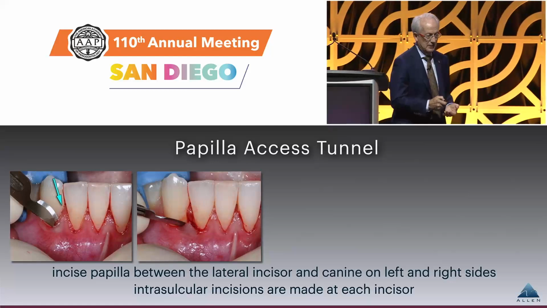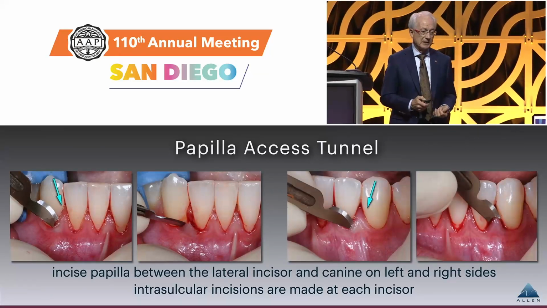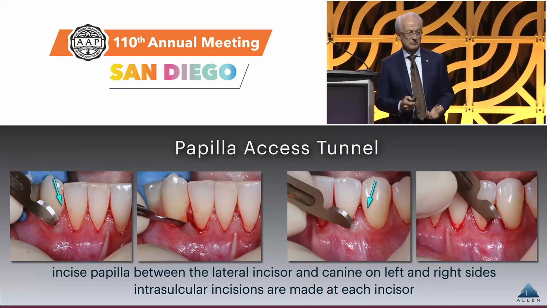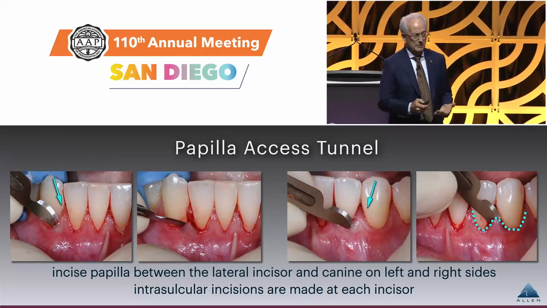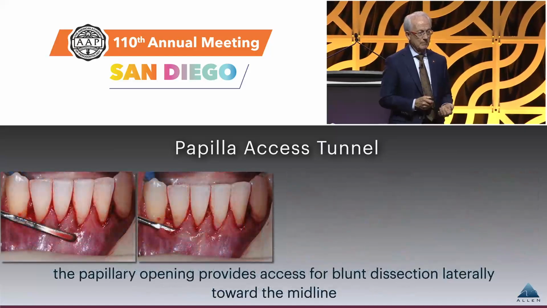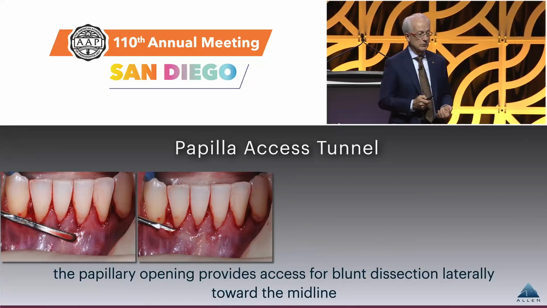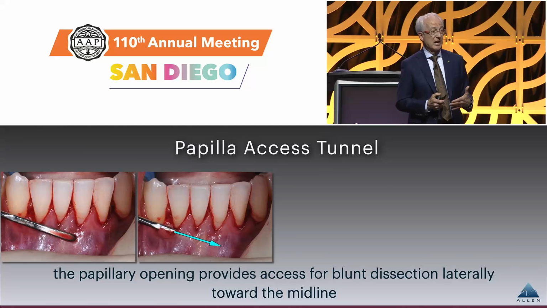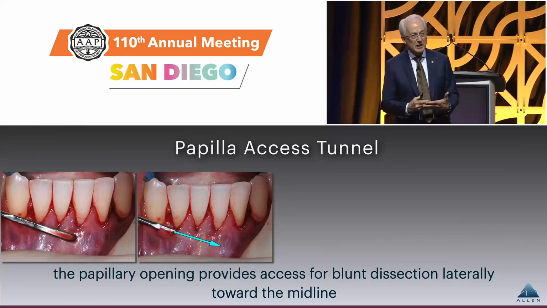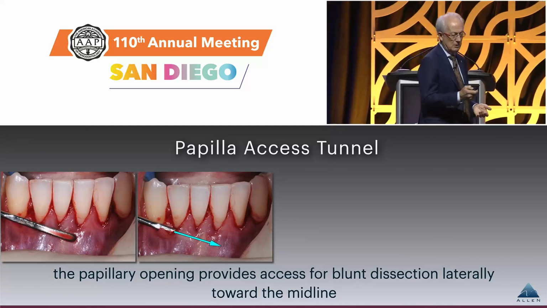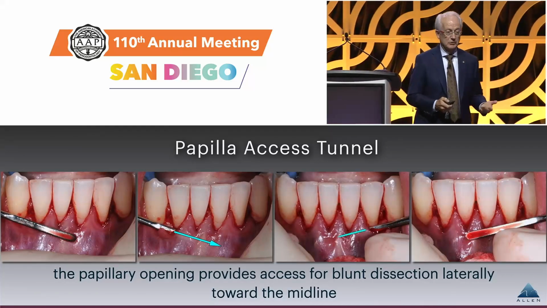So this is the appearance, making an incision in the papillae, just the facial aspect of the papilla between the lateral and the canine, and then that makes a little mini flap, sometimes called a W flap, and that gives us room to dissect horizontally underneath the 3 midline papillae. You want to retain all 3 midline papillae to distribute that tension over 3 papillae.